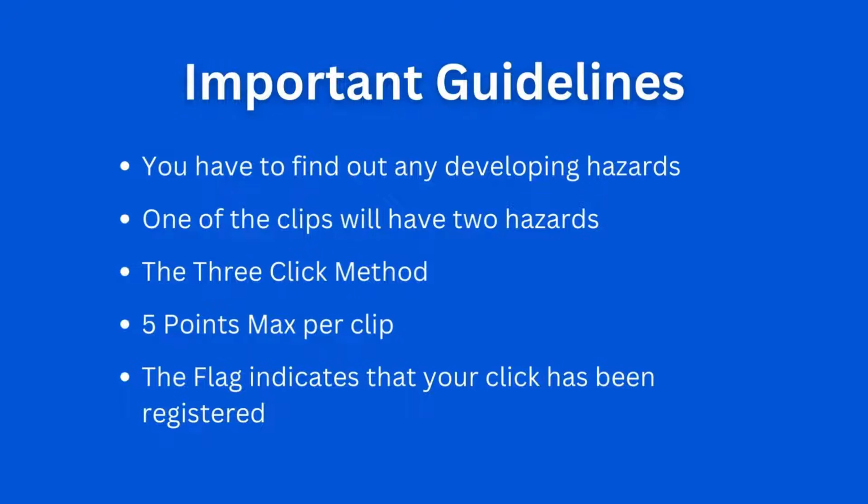You can click as many times as you feel is necessary, but make sure to not spam click or click in a pattern as any of these actions may get you disqualified from the test. You won't be punished for making any extra clicks when there is no hazard in the video as long as you don't try to spam it. You should only click when you think a hazard is developing and use the 3-click method to make sure you get the highest score possible.